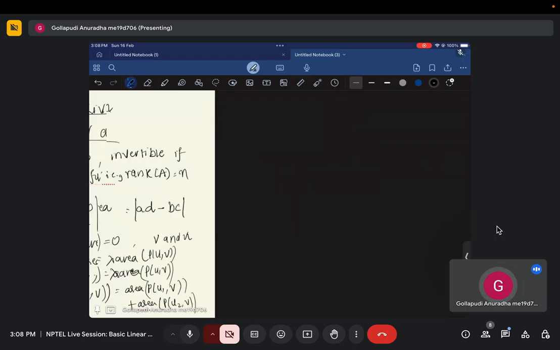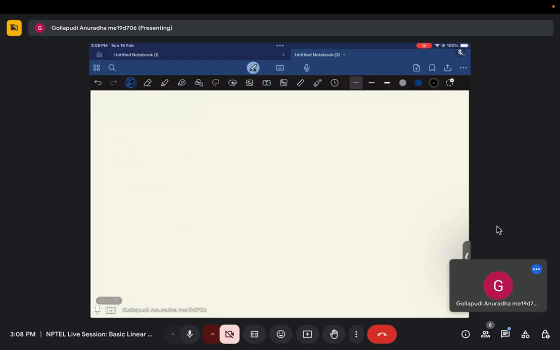So based on this, tell me a true or false question. I am saying the area of the parallelogram with lambda u and lambda v equals lambda times the area of u and v. Is this true or false?